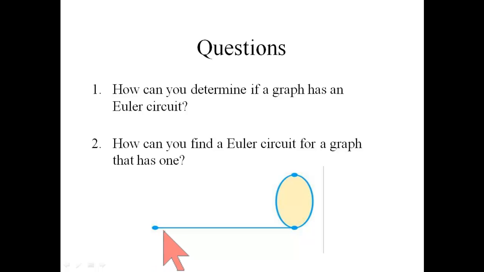I'm going to use the one edge to leave the vertex, and then I can't get back except by going along the edge that I've already used. There's also a problem at a vertex like this. It has 3 edges coming into it. I'll leave on one edge, I'll come back on the other, I'll leave on the third, and then I could never finish my circuit by coming back here.